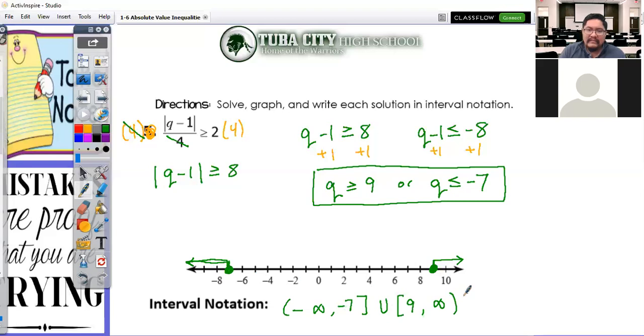And that one is not included. We can't include infinity. So we're always going to use a parenthesis anytime we're working with that infinity. Whether it's positive or negative can't be included, because as soon as we find out what infinity is, we can just go one number past it, and now we have a new infinity.